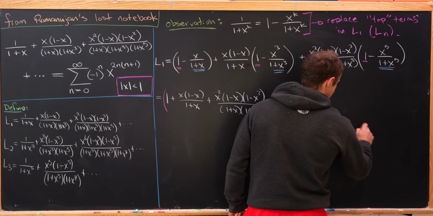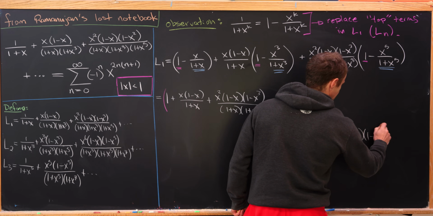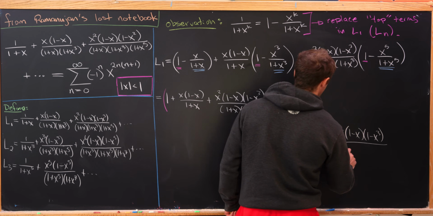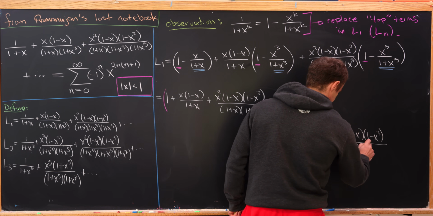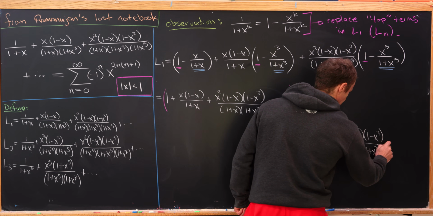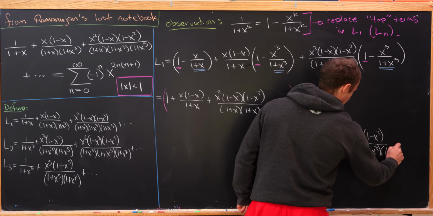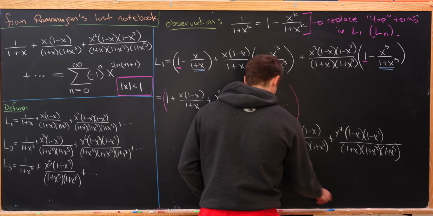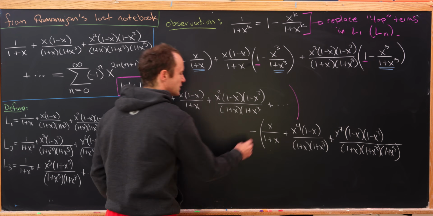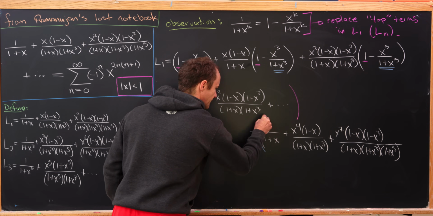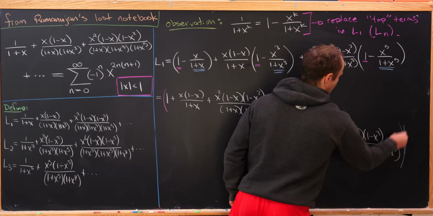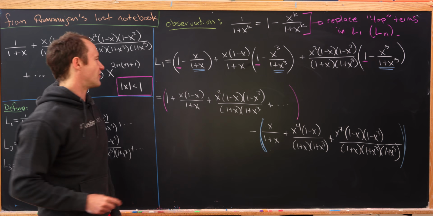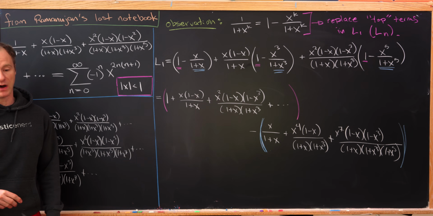We have a 1 minus x, a 1 minus x cubed, and then in our denominator, we'll have 1 plus x cubed, 1 plus x to the fifth. Great, and then since this is all coming from the blue underline, let's change this parentheses to a blue parentheses so we can see how that matches to what we have above.